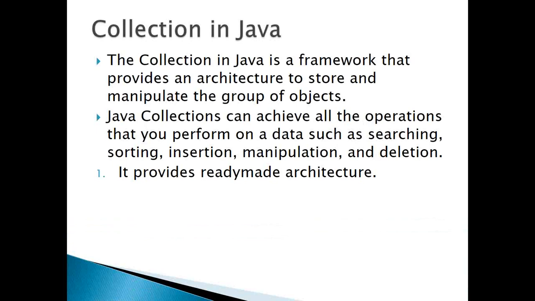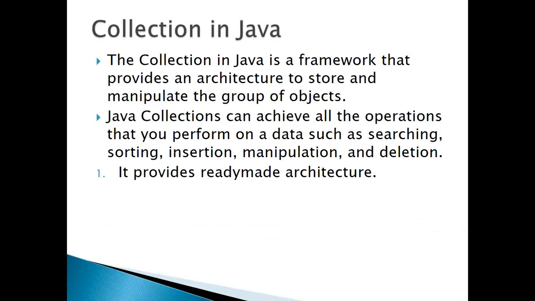The collection framework in Java is a framework that provides an architecture to store and manipulate a group of objects. Basically it's a ready-made architecture. It comes from the Java util package, and you can easily store the elements and also manipulate them, which means you can sort the elements or delete the elements.